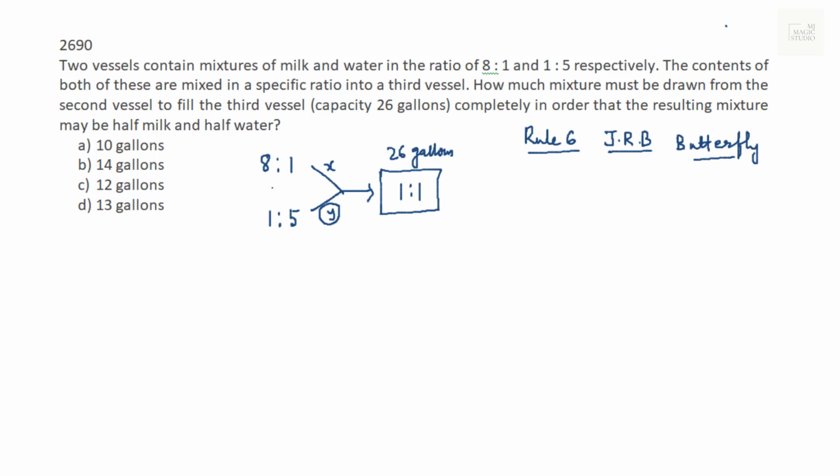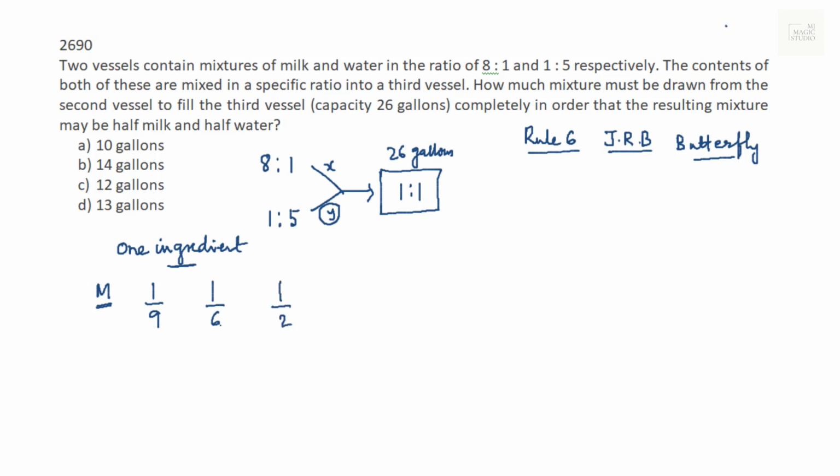In this cross diagram, where two mixtures are mixed to get a third mixture, we always concentrate on one ingredient at a time. Only one ingredient. Let us concentrate only on milk. Proportion of milk in the first vessel is 1/9. In the second vessel is 1/6. And in the third vessel, it would be 1/2.